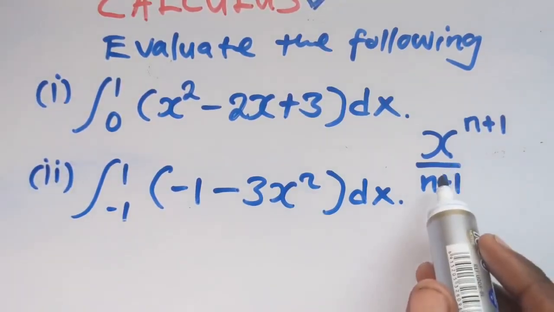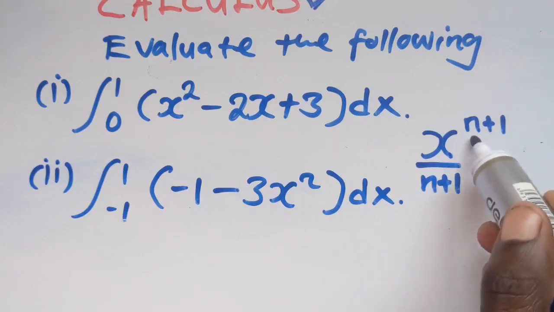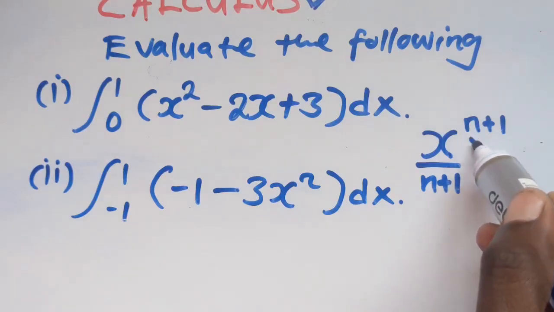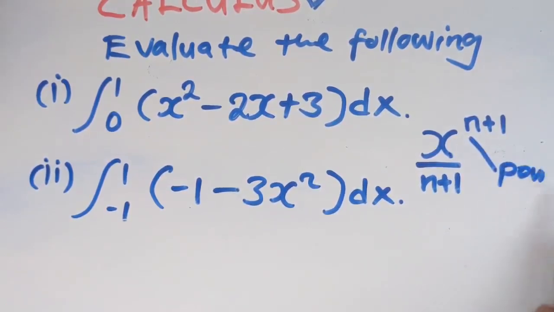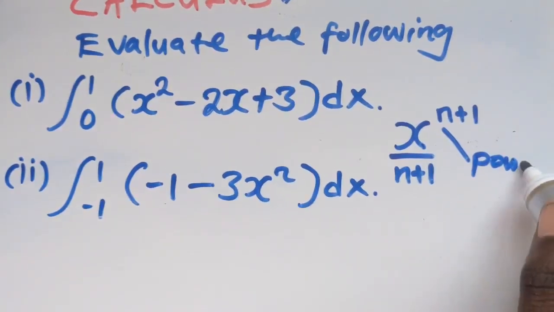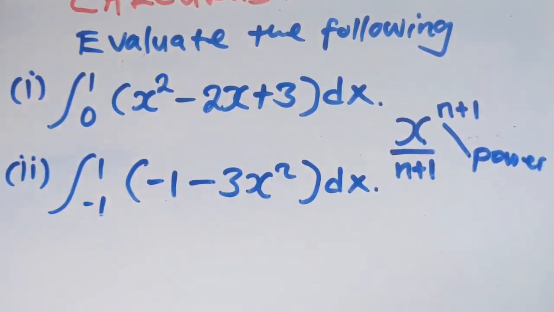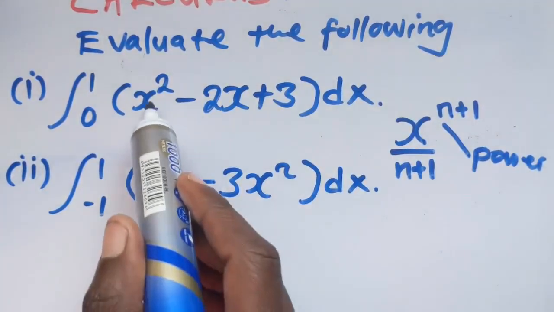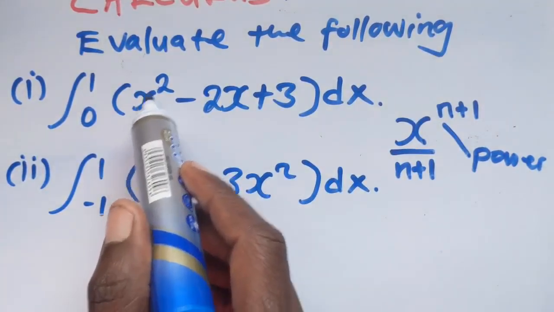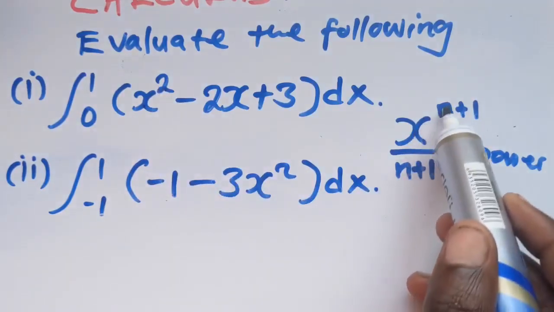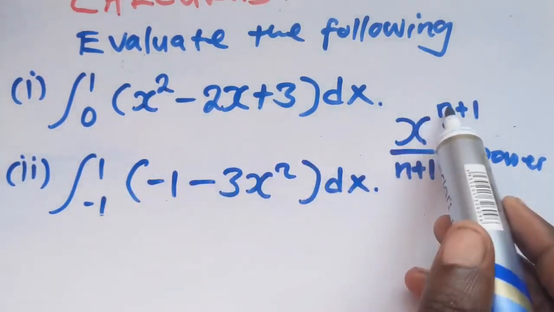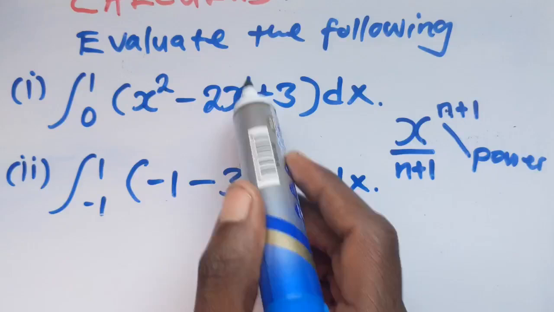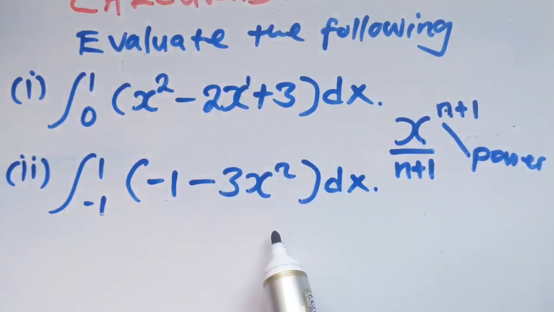Now, if you look at this formula, you need to know that the n symbolizes the power. It can be x power 2, or x power 1, something like that. Are we together?